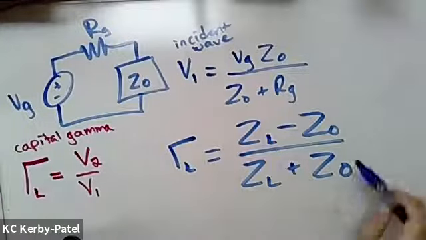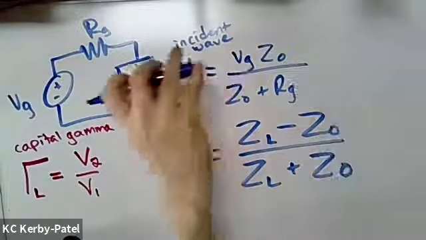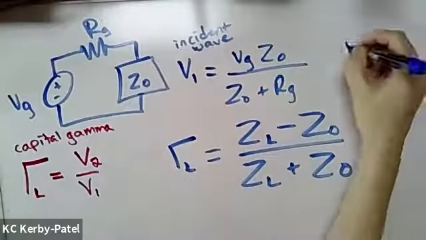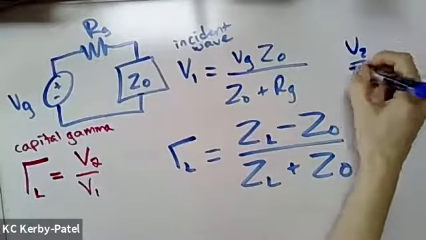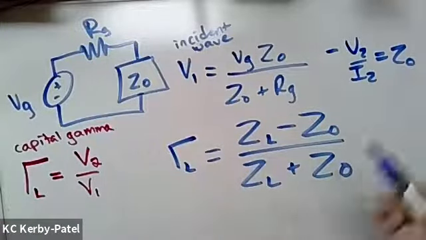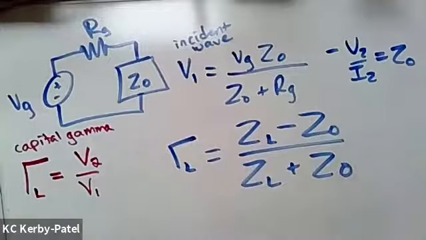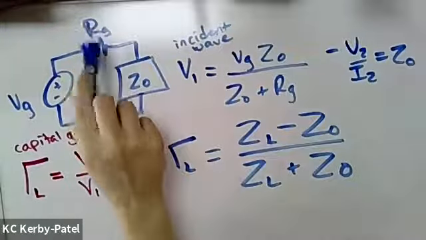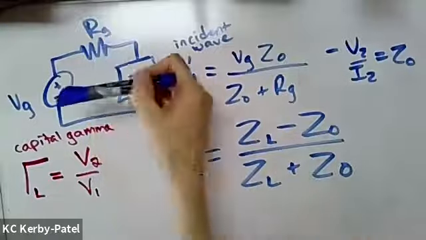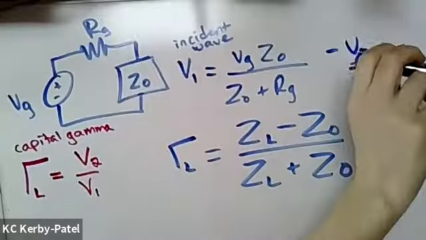The reflected wave travels back toward the source, and it has the same relationship, so it's still got V2 over I2 equals Z naught, but with a minus sign because of the opposite direction of I2. And here's a cool thing. If the source is not matched, another reflection occurs at the source when the reflected wave hits it, and it goes back the other way.